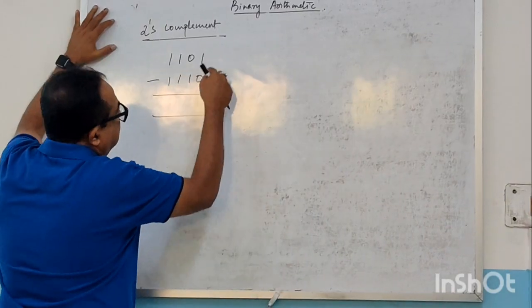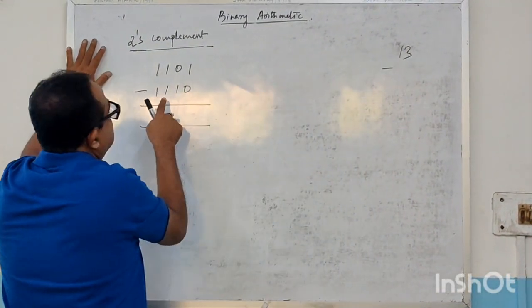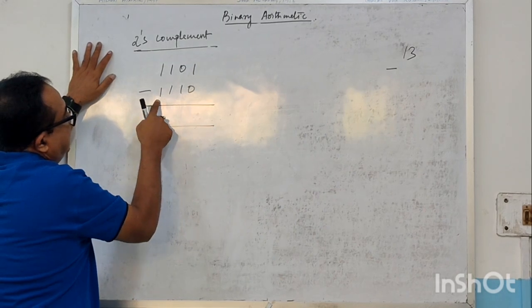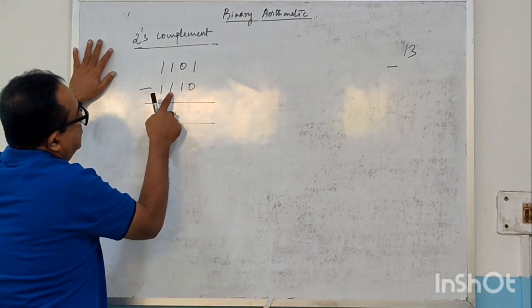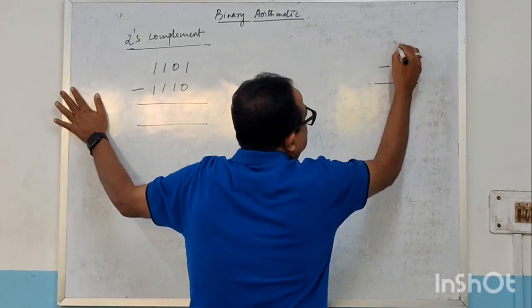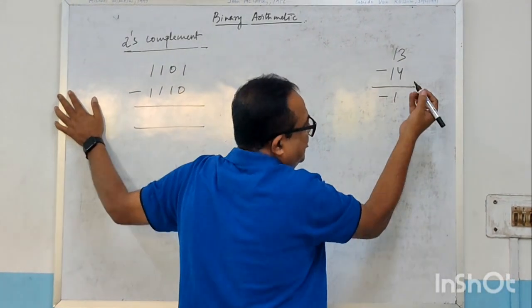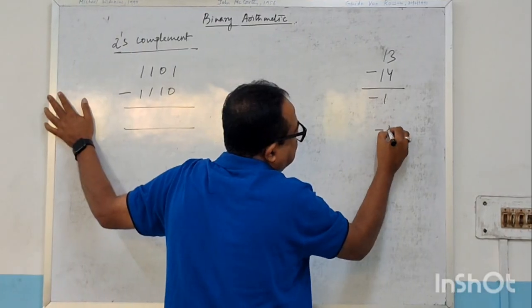So this is 13. This other one is 1, 2, 4, 8: 8 plus 4 is 12, 12 plus 2 is 14. This is 14. So 13 minus 14 should be minus 1. And the binary 1, you know, is 1. So the answer is minus 1.